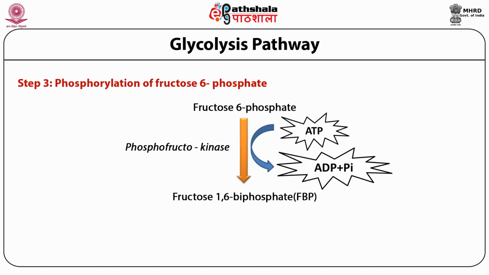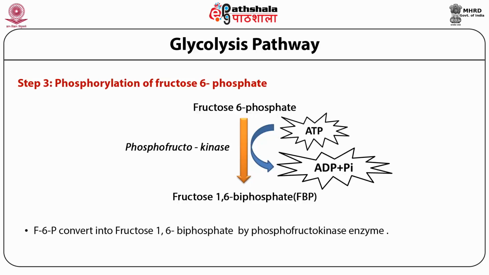Step 3, phosphorylation of fructose 6-phosphate. During this step, fructose 6-phosphate is converted into fructose 1,6-bisphosphate by the enzyme phosphofructokinase. Here, ATP is converted to ADP and one inorganic phosphate.